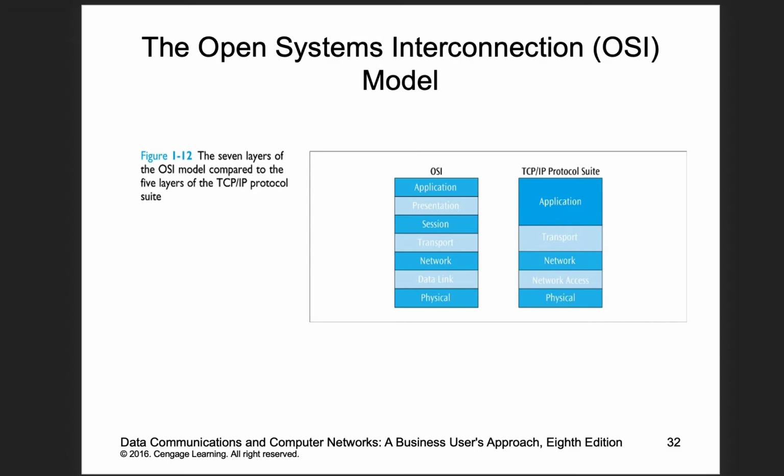The transport layer is the same, the network layer is the same, and the data link is similar with a different name, which is network access. As you can see here, in the OSI model we have 7 layers, as compared to TCP/IP where we have 5.